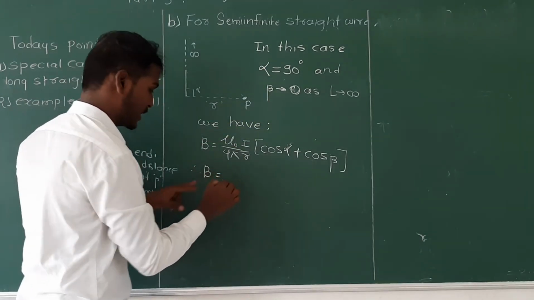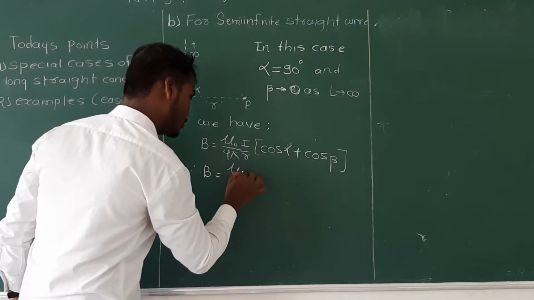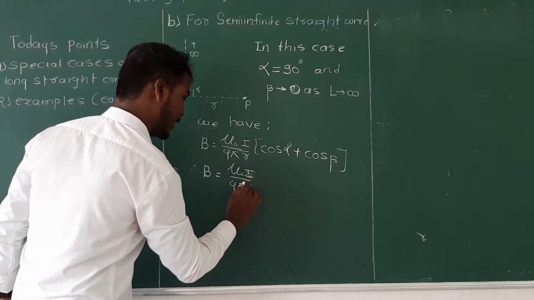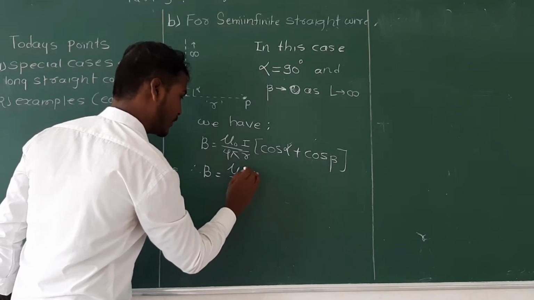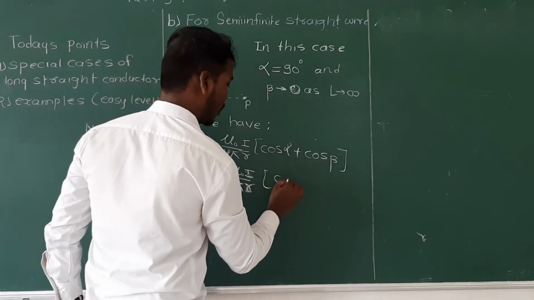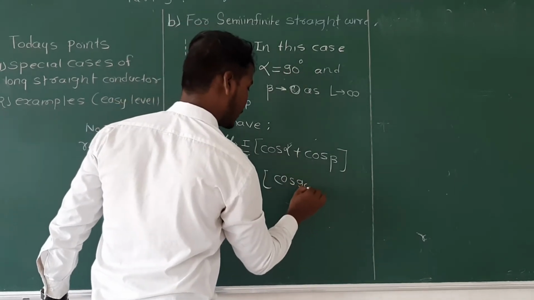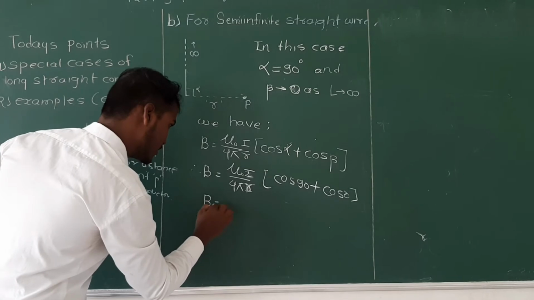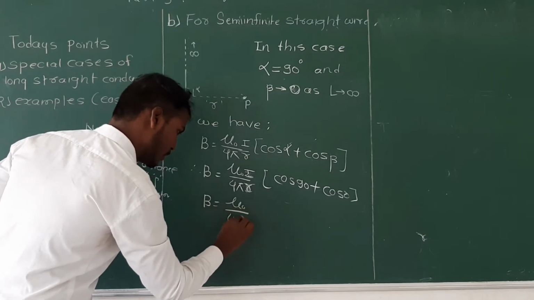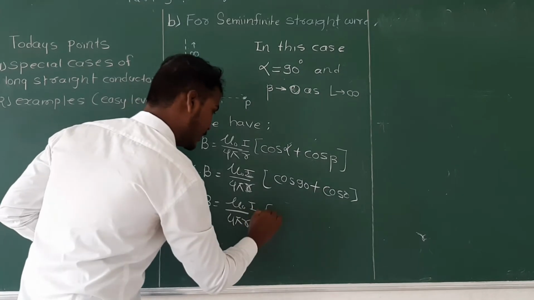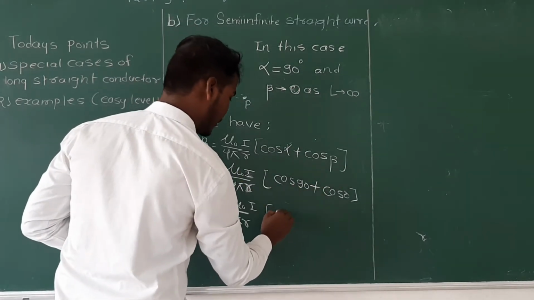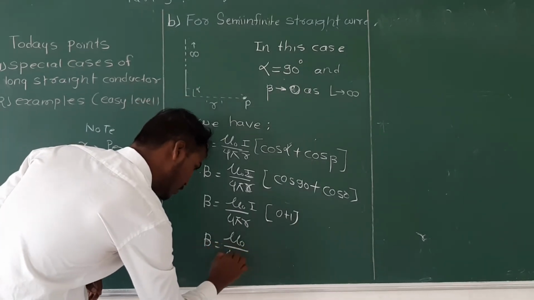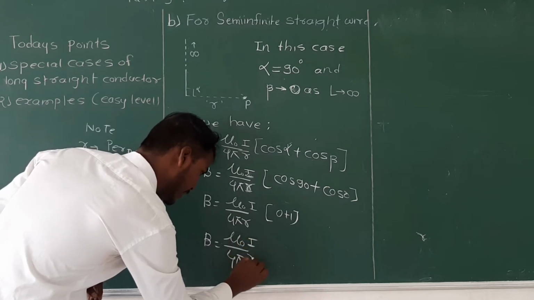Therefore B, the magnetic field magnitude, is mu 0 upon 4 pi, I over R, into cos 90, which is 0, plus cos 0, which has a value of 1. So B will be only mu 0 upon 4 pi, I divided by R.